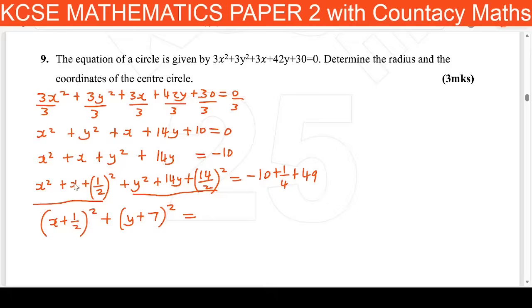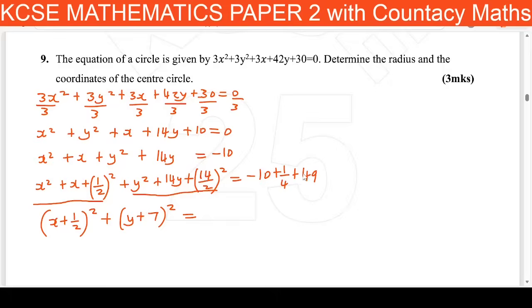That's going to give you an x, and then we square the last element, which is a half squared. Same case with this one. We usually square this to get y squared, and then we multiply everything 2 times y, which is 2y, times 7, which is 14y, and then we square this part, which is 7 squared, and 14 over 2 is equivalent to 7 squared. So what we are doing here is just some factorizing.